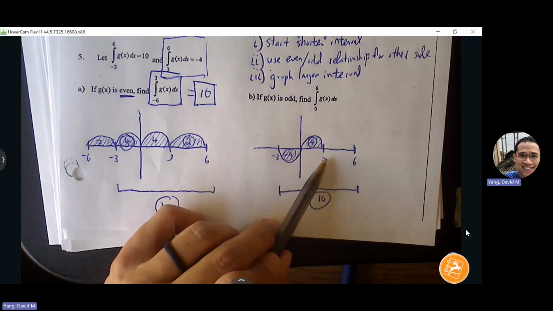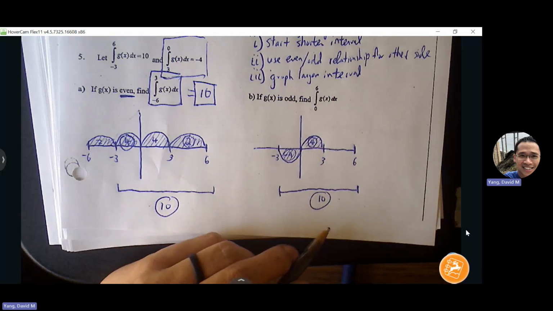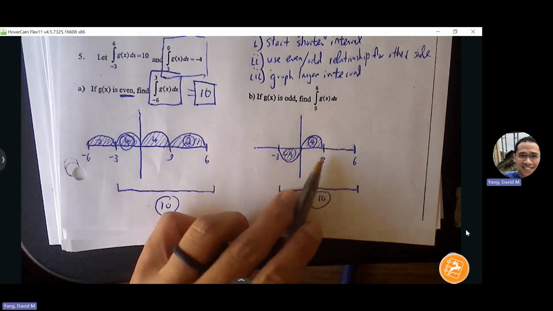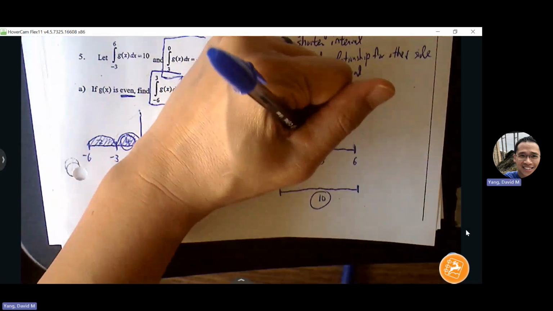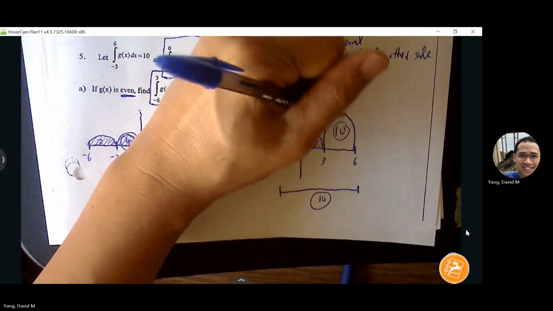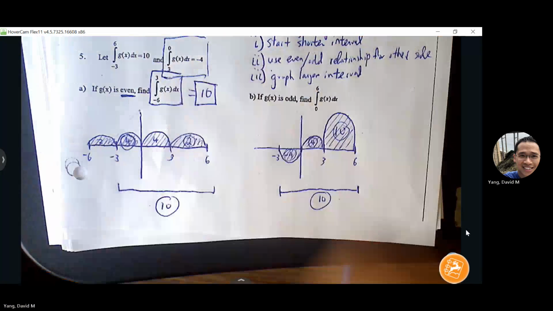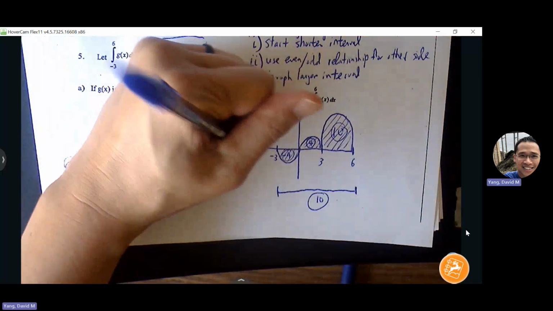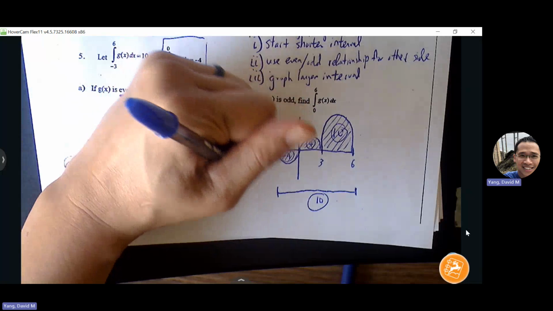So what's going to have to be between 3 and 6? Has to be 10, right? Because -4 plus 4 is 0. So I know that I've got to add up to 10. So this must be 10. And if this is 10, then what's the other side? Negative.